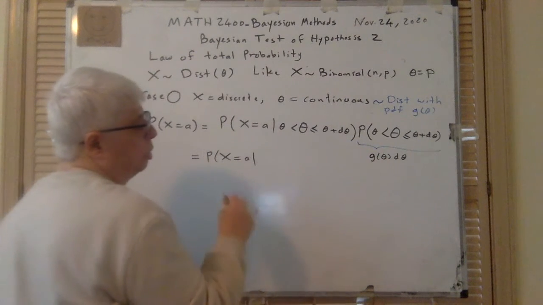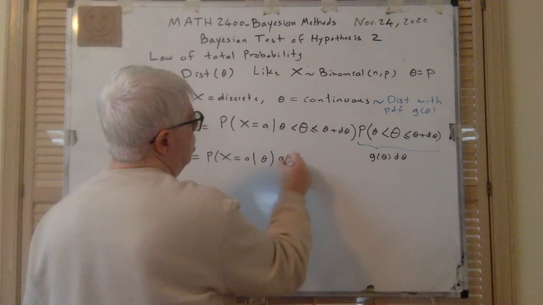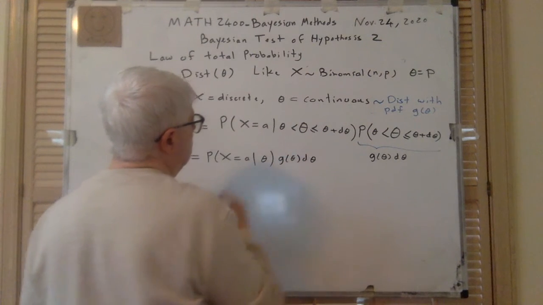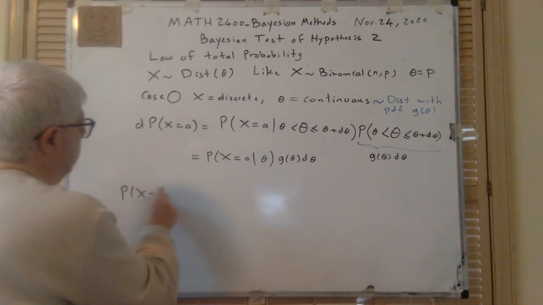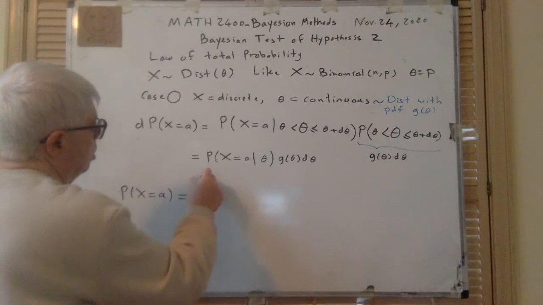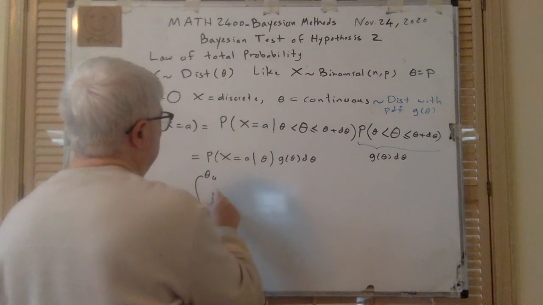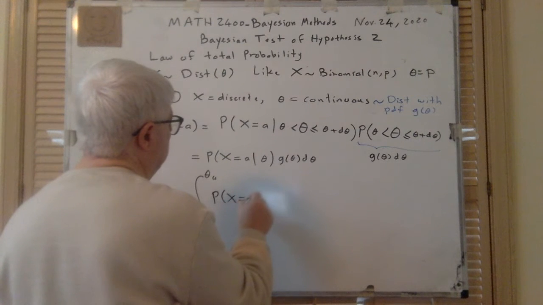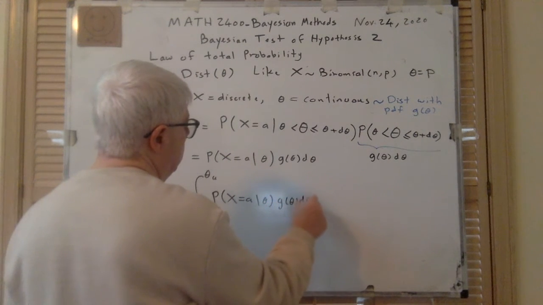In fact, when d theta goes to 0, we simply have small theta here, g theta d theta. So P of X equals A, by the law of total probability, becomes the integral from theta L to theta U, because it's over theta, of P of X equals A given theta, times g theta d theta.